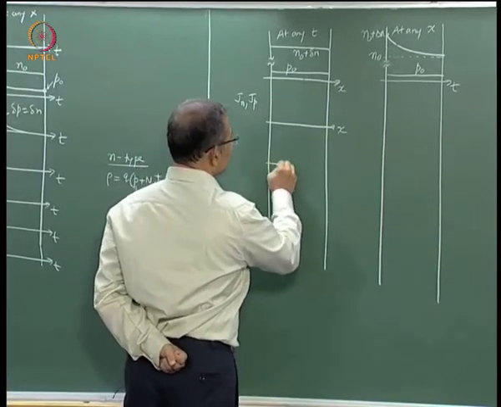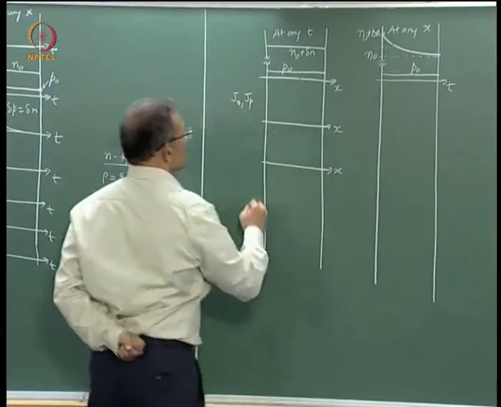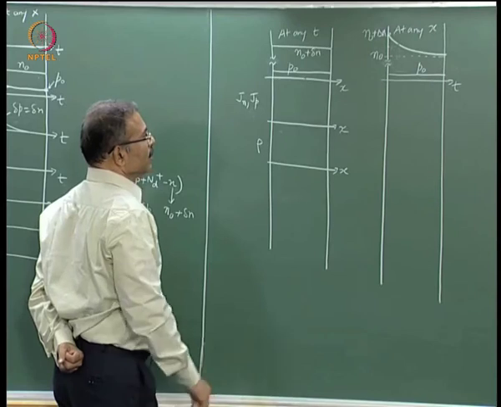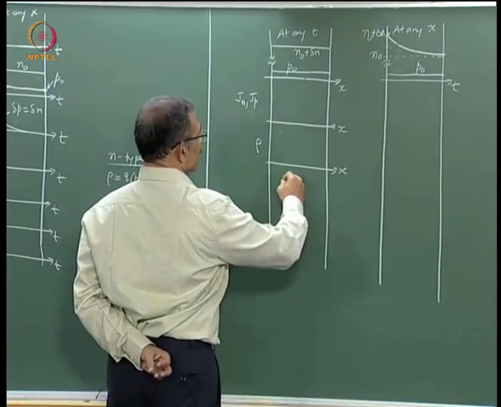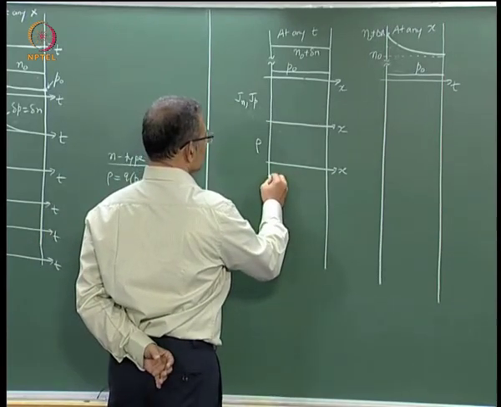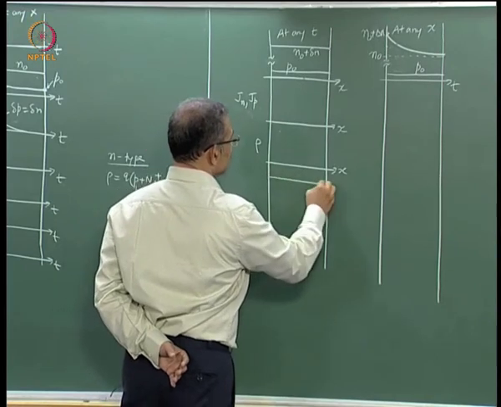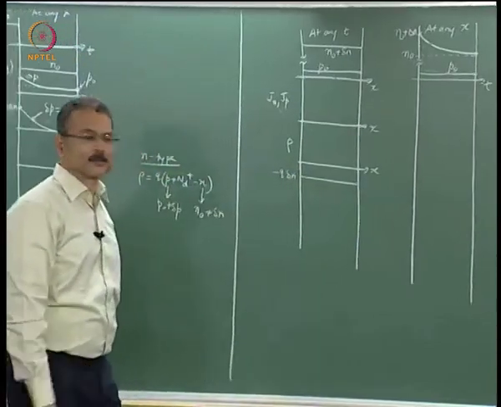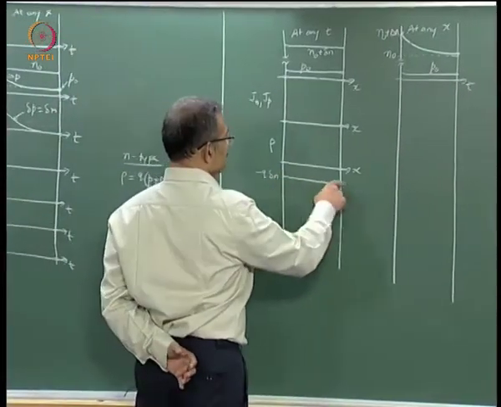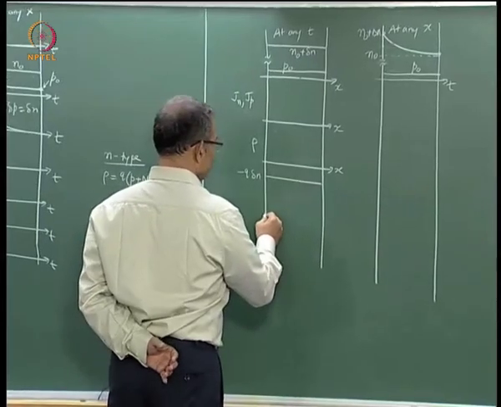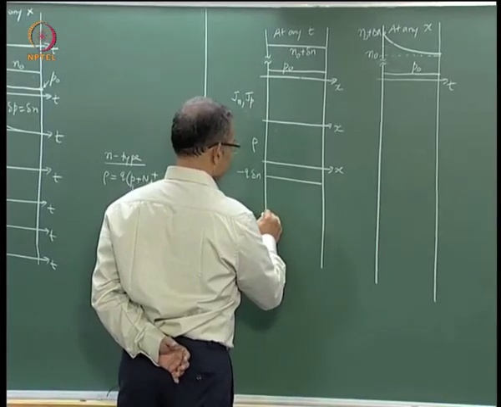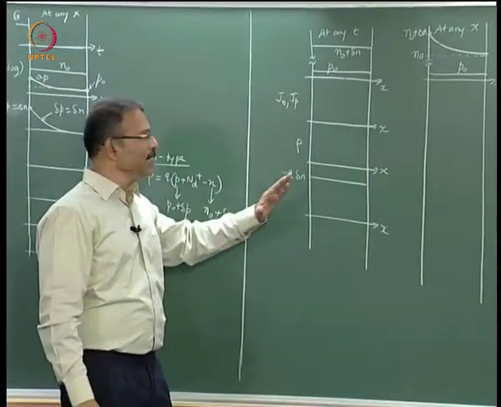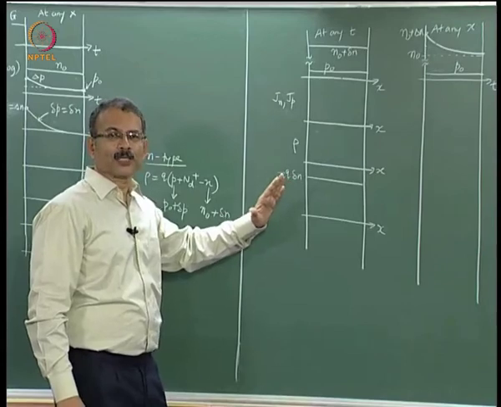Now for doing the electric field as a function of x, we need to know the space charge, rho versus x. The space charge at any x is uniform and it is given by minus q times the excess electron concentration. So the space charge is uniform and negative, and therefore for the electric field as a function of x, if you have uniform space charge, dE by dx according to Gauss law is constant.